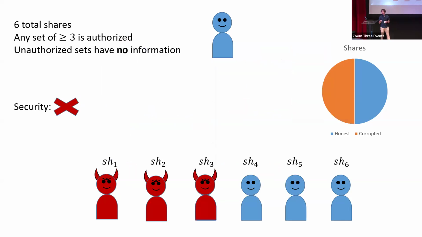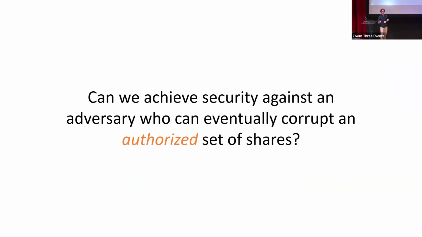So as soon as the 3rd share is compromised, security is just completely lost. In this work, we asked the question of whether or not you can achieve security against an adversary who can eventually corrupt authorized sets of shares. So in particular, maybe they can eventually corrupt every single share.